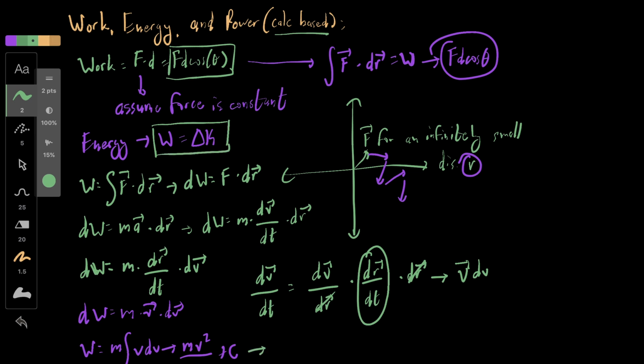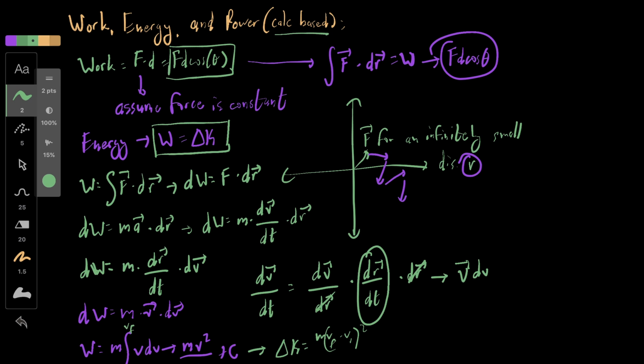Because now the change in kinetic energy is this change in these velocities. So m times vf squared minus vi squared, because really we're taking the definite integral of this from vi to vf. Sorry if I didn't mention that, but it was not completely necessary.